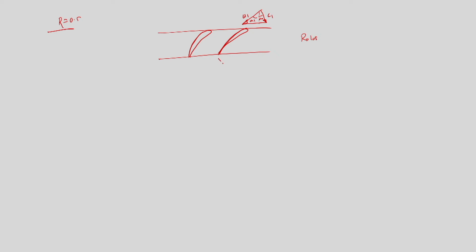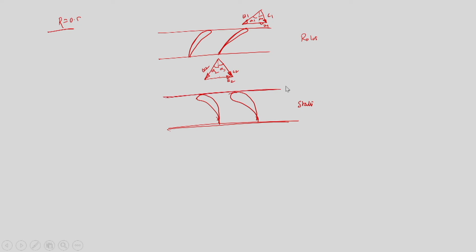Similarly, this is the outlet velocity triangle: W2, C2, this is alpha 3, this is alpha 2, this is U2, this is U1. So this is the stator, and stator plus rotor is a stage.